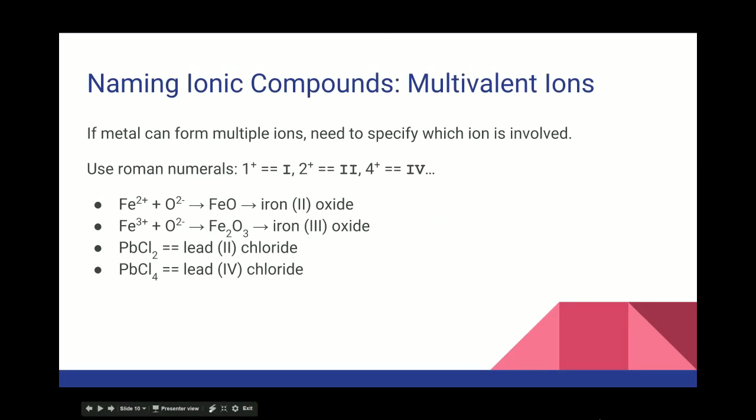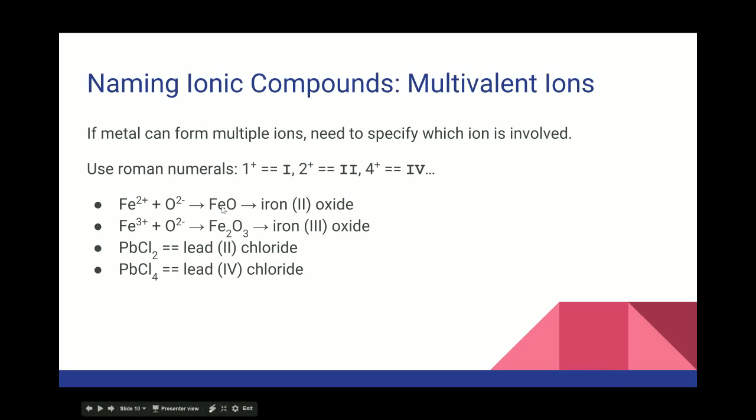Now, the thing that makes it complicated, the first unavoidable complication, is multivalent ions, which means metals that can take more than one charge. So, that is to say, the transition and post-transition elements. What you do is you have to find a way to indicate what the charge is in the name of the compound.